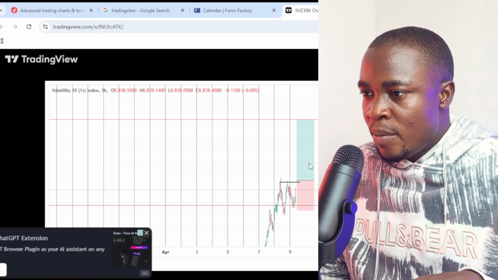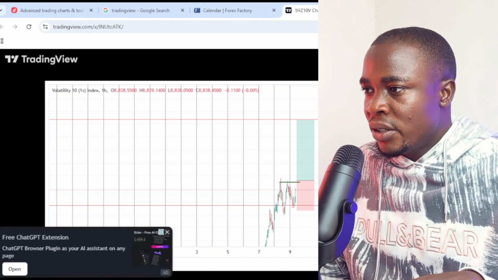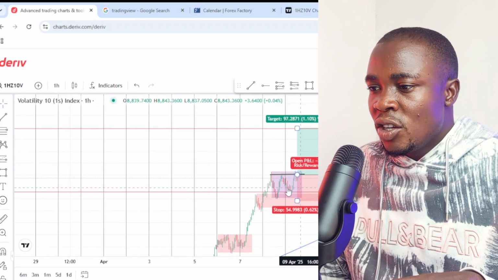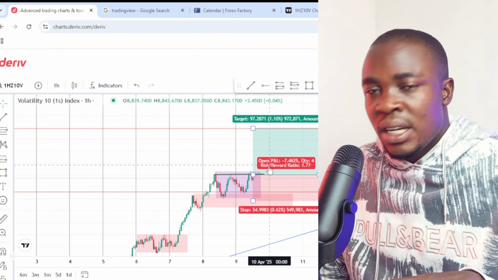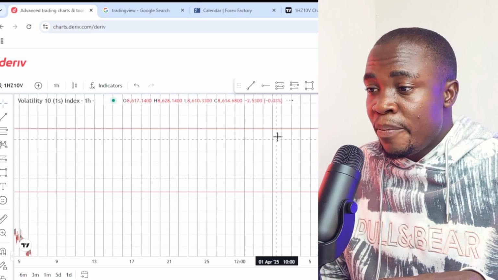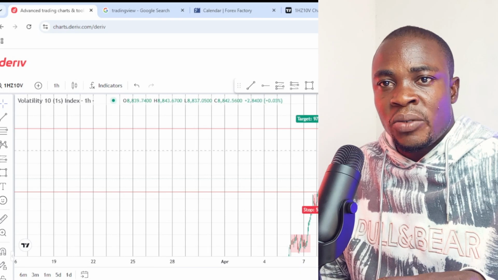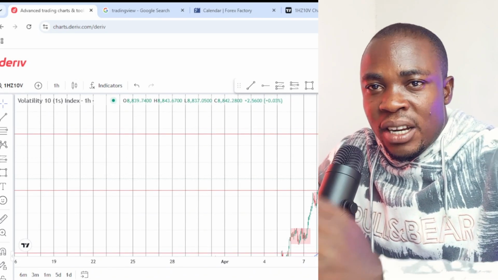I said a closure above this range is what we are going in with, so I screenshotted it and sent it to the group. It's as simple as that. A close above this range is what puts us into the trade, and then we will trade inside. Hopefully, because of this clean LTA, we're going to find our way to the next resistance zone. That is how I trade a breakout.